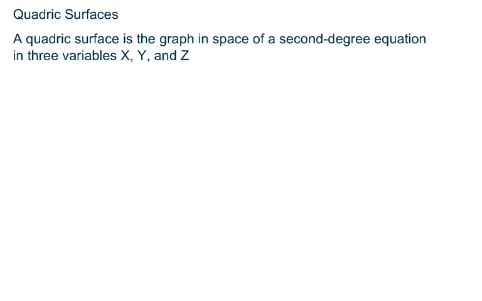So let's talk about the standard form for a quadric surface first. Let me write the most general and brief equation of a second degree in three variables. So what would that look like?